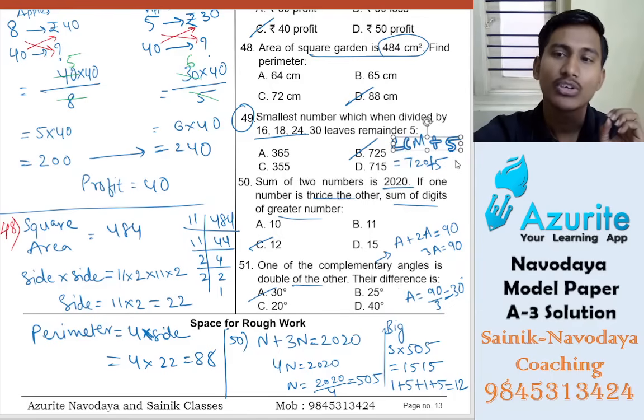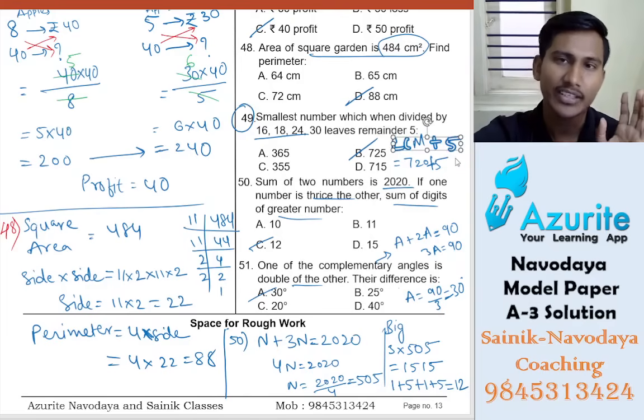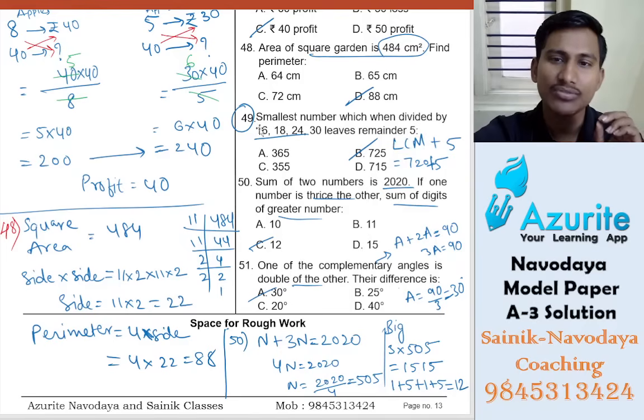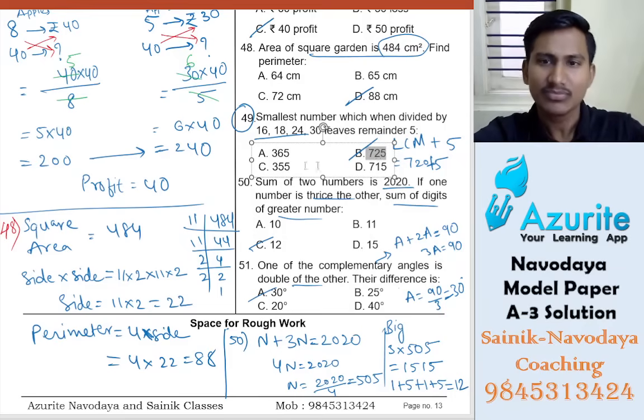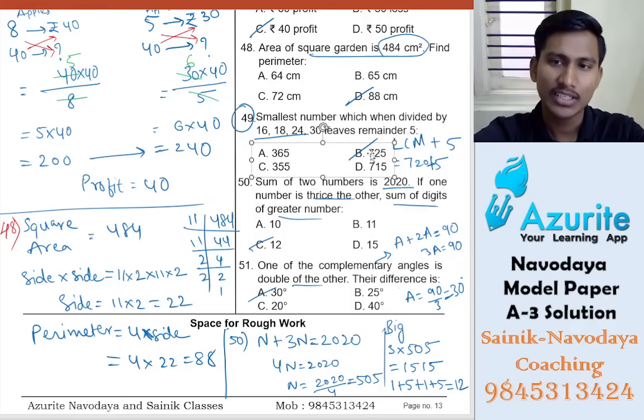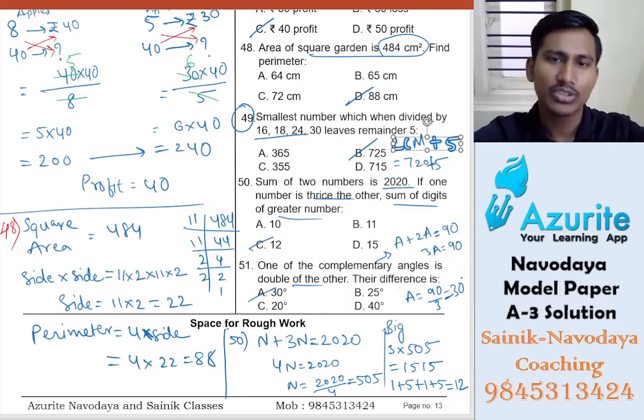So LCM will be 720, plus 5 will be 725. That is option B. Or you can go with the options also: divide and you should get a remainder of 5 in all cases. But better you find the LCM and add the remainder 5. Understood?